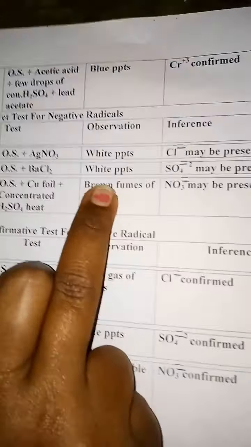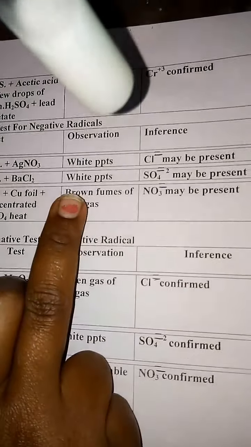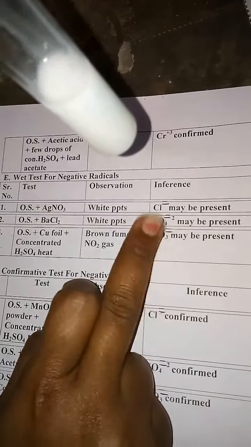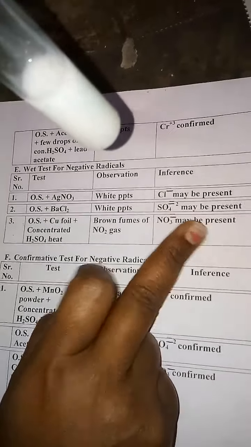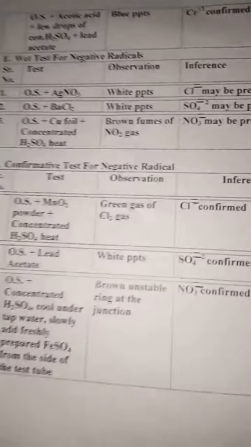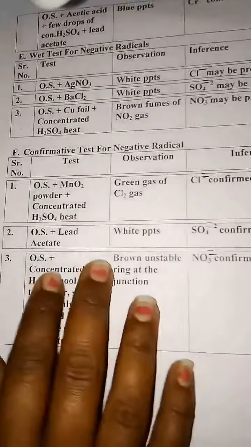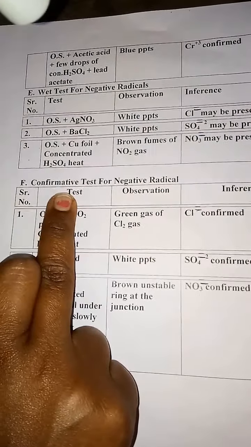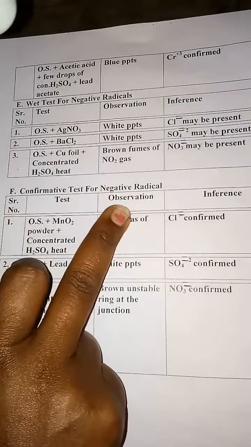So your observation is white precipitates, so SO4 2-, that is sulfate, may be present. After that, we have to confirm that sulfate is present. So we have to do the confirmatory test for the negative radical. Here chloride is absent, so we don't have to perform its test. Here we get only sulfate, so we only perform the confirmatory test for sulfate.